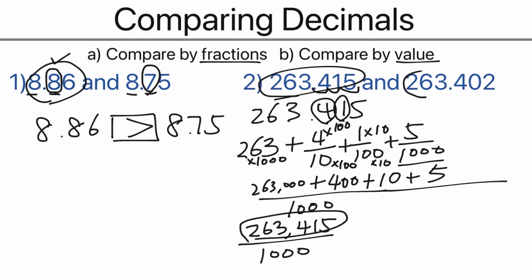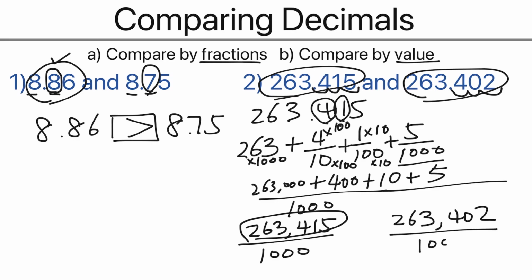So we can do the same with the second number, where we just move 3 decimal points, and that will become 263,402 over 1000. And after we compare the two numbers, we can see that the first number is greater. So the answer would be greater than.